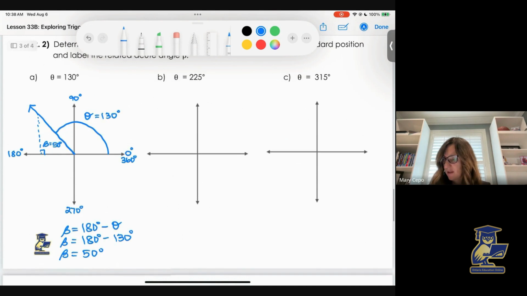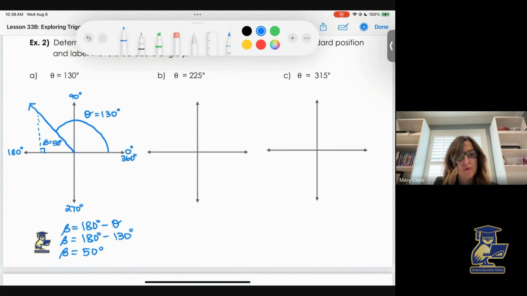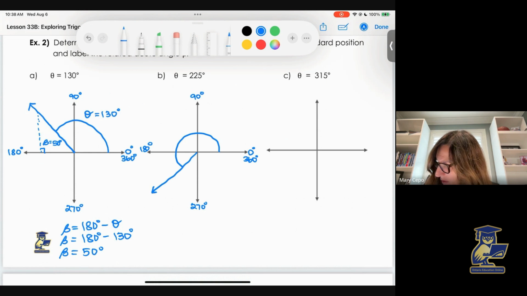Okay, looking at the second example in B, 225. Again, label these 0 degrees, 90 degrees, 180 degrees, 270 degrees, and then 360. So now we're going to end up in the third quadrant, between 180 and 270. So theta here is equal to 225 degrees. Again, the related acute angle is the difference between the terminal arm and the x-axis.